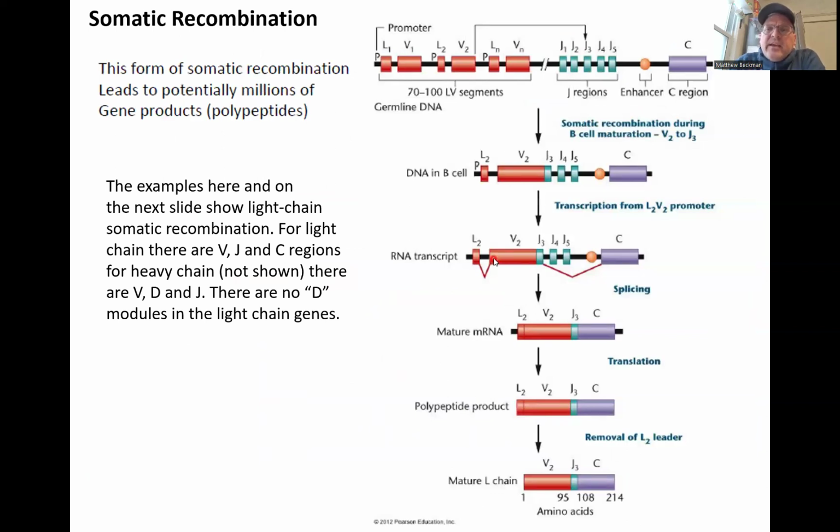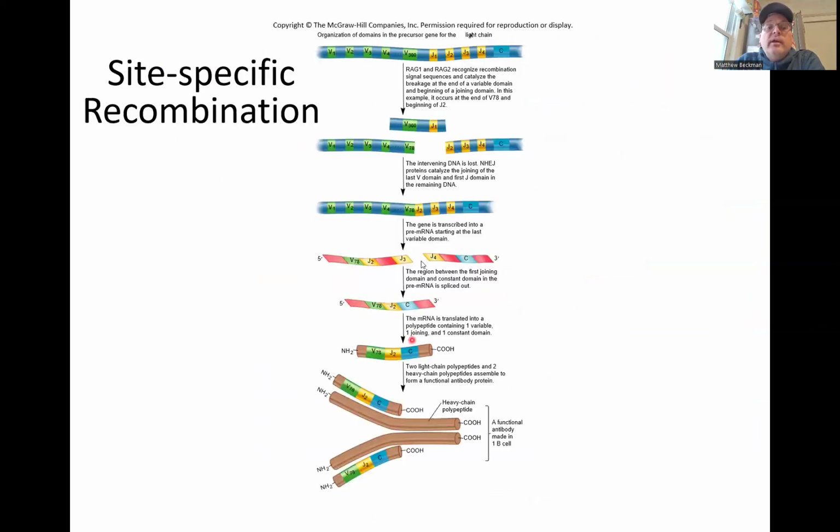The next picture just shows another example of somatic recombination for light chain antibodies. Here again, we've got 300 variable regions, 4 joining and 1 constant. And so initially the variable region links up with a joining region, and that's the somatic recombination in the DNA.